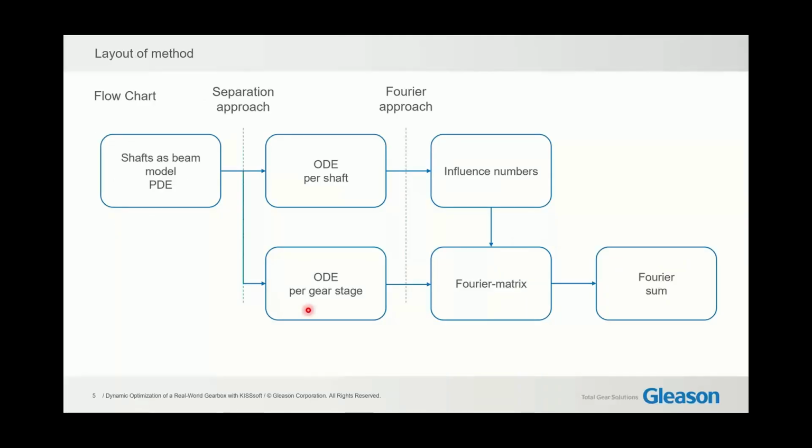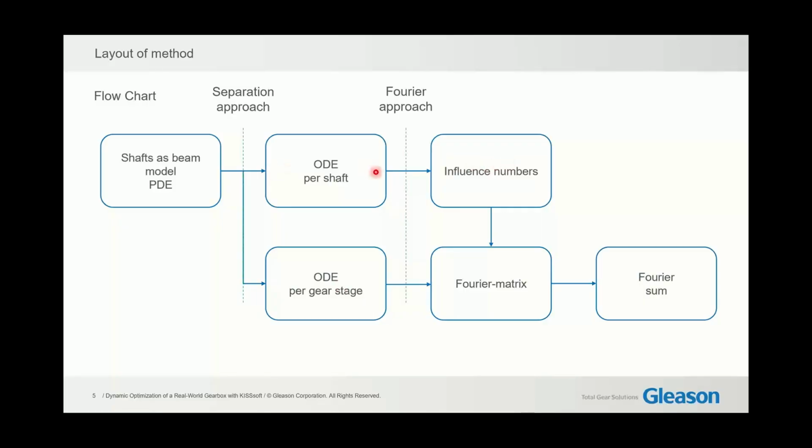Here is a very simple sketch of the layout of the method. We start on the left side with a shaft model that is a beam model. Here we have a partial differential equation. Then we apply a separation approach. I'll come to that in a few seconds. With the separation approach, we can break the partial differential equation down into ordinary differential equations per shaft and per gear stage.